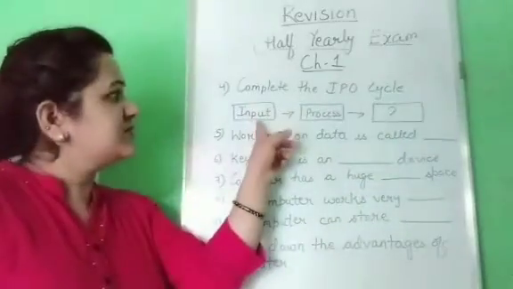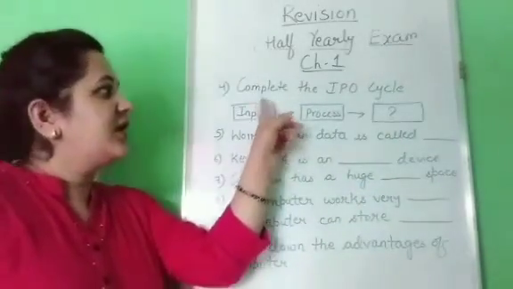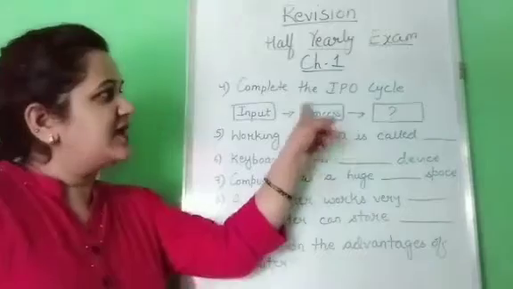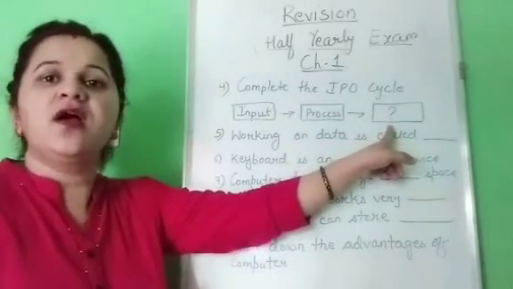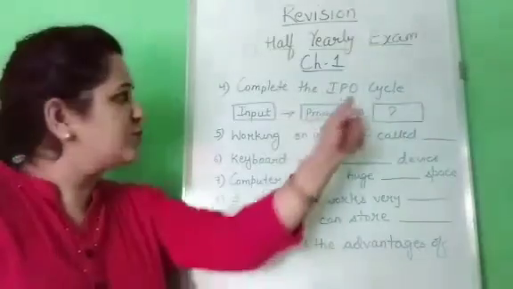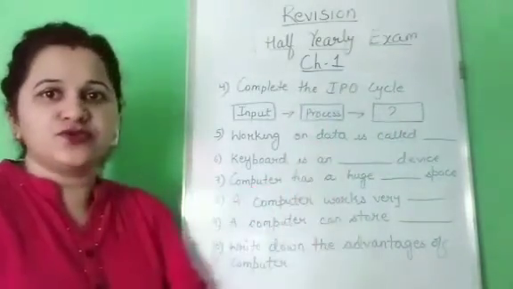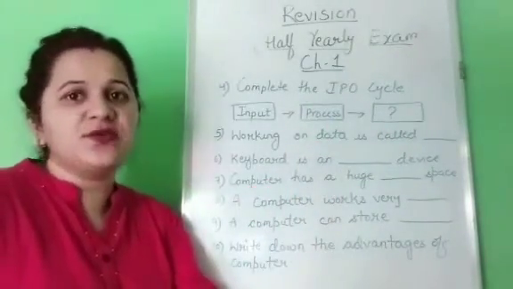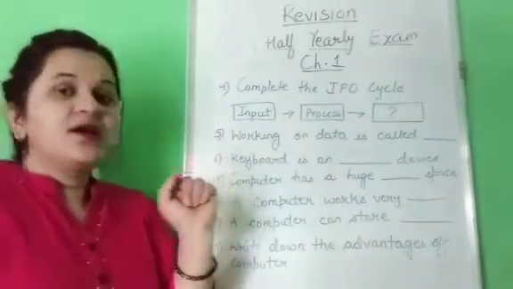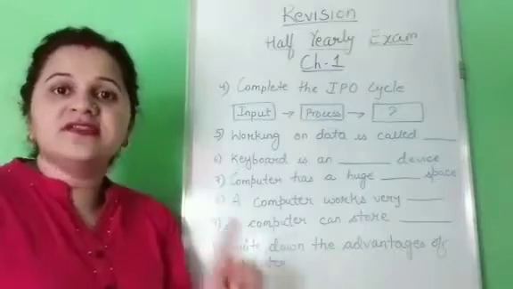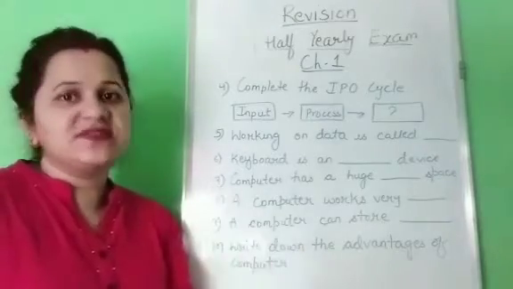A computer takes the input, it processes it and it gives us the output in the form of information. So you will write down output, O-U-T, out, P-U-T, put. And a computer always follows the IPO cycle.